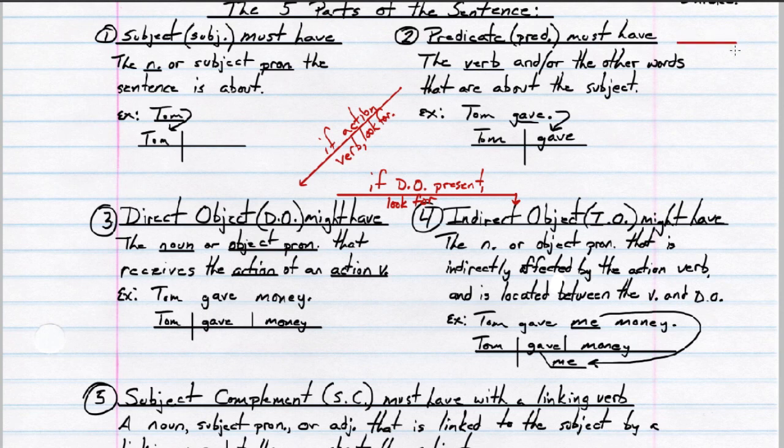So I'm going to draw a very long arrow down to here, and I'm going to write along this line right here: if linking verb used, there must be.